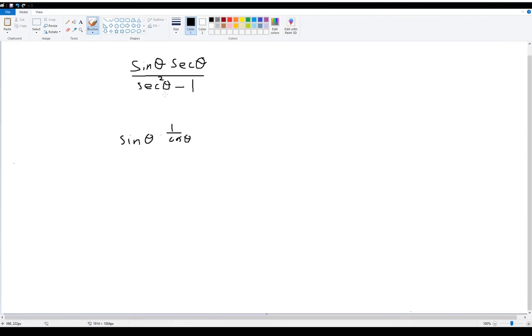And if you look closely at the denominator, you'll notice that it's similar to the Pythagorean identity tangent squared theta plus 1 equals secant squared theta. And that's because all that really happened in the denominator over here is the 1 switched sides to the secant side.